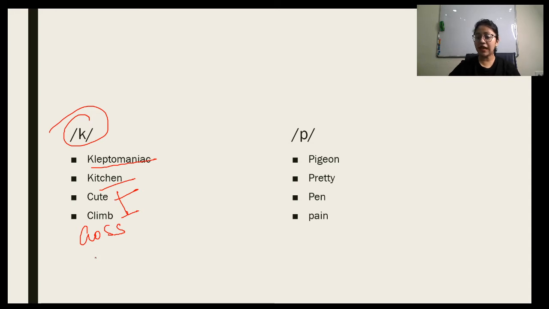Kite. Kite has a K, Ramandeep. Some other word which doesn't have a K but sounds exactly like K. Crib. Very good, Anvesha. Excellent.